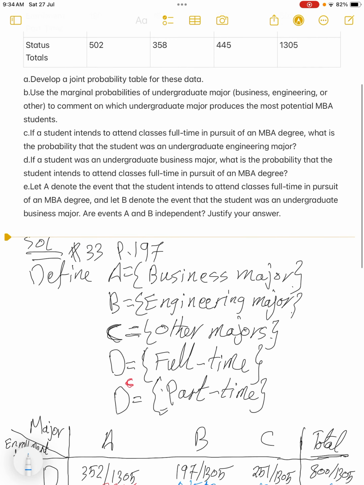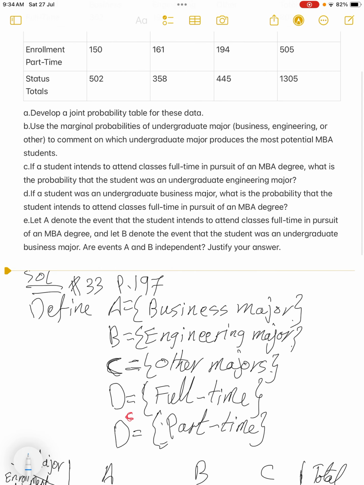Use the marginal probabilities of undergraduate major business, engineering or other to comment on which undergraduate major produced the most potential MBA.